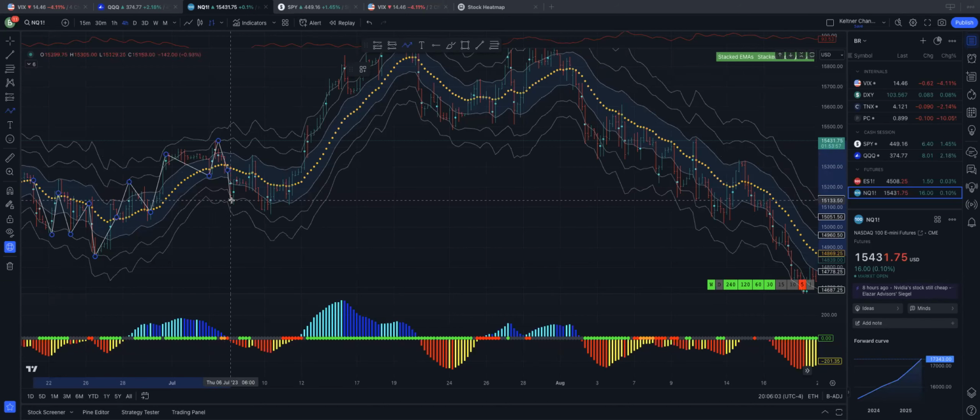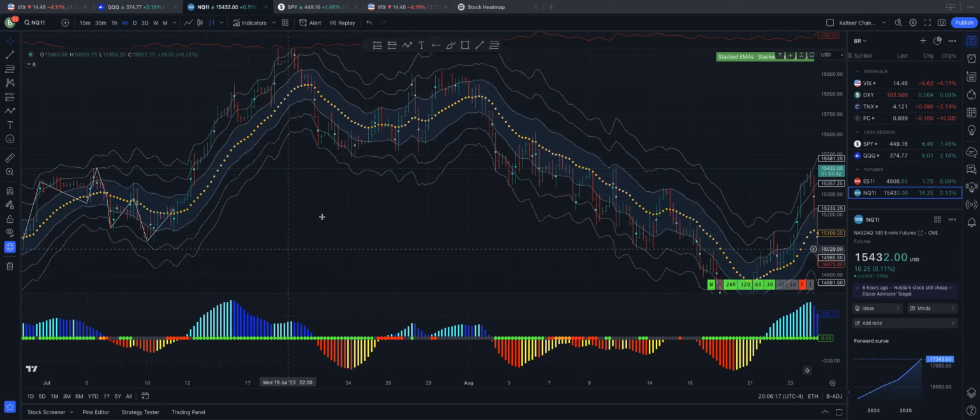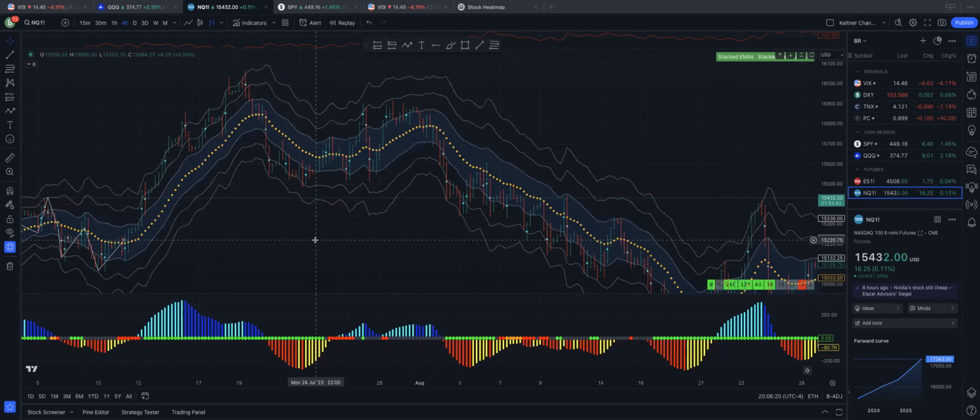Oh wait, we turn downside, minus 2 ATR, back to the mean, minus 2 ATR, and so on and so forth. You can see how consistent this pattern is. It pretty much just does it over and over again in stocks. Very consistent pattern.